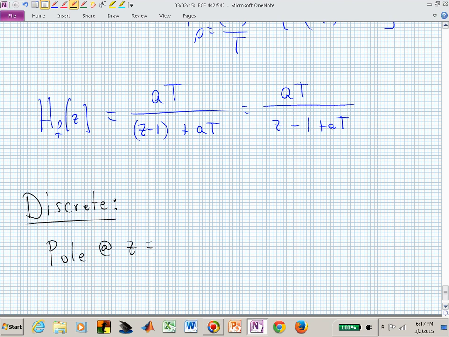Poles and zeros, the definitions haven't changed any. The pole is the value of Z that causes the denominator to vanish. We set the denominator equal to 0 and solve for Z, and we find that that's now 1 minus little a capital T.